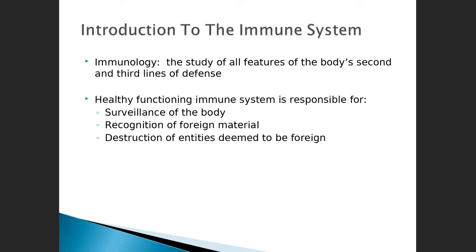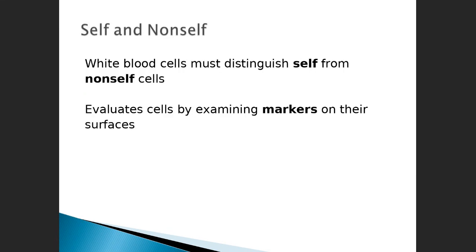These are things that are not part of the body, and we're going to be talking about those, right? And then it either sequesters or destroys those things that the immune system decides is not part of the body, right? And so if we think about this, then again, think about those markers, right? Those epitopes, those things that are on the surface of the cells.